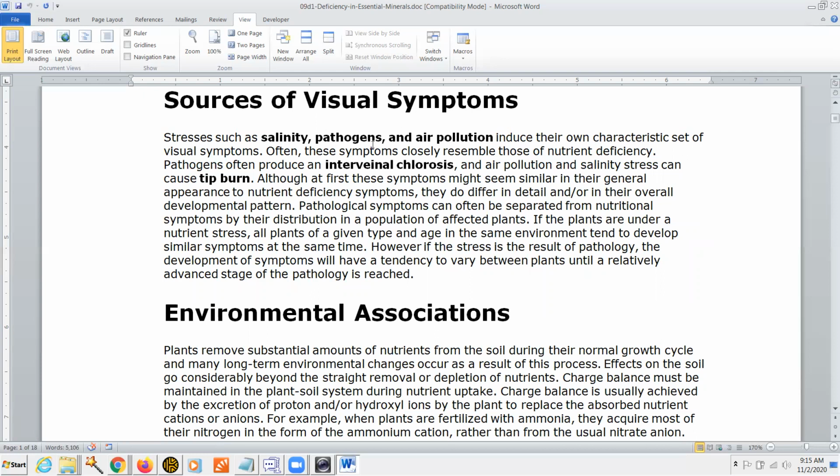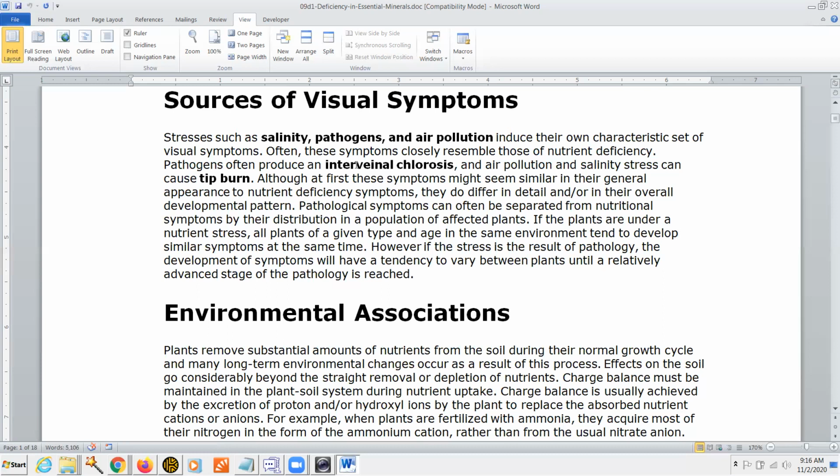But pathogens are things like viruses and bacteria, or even animals like the microscopic nematode worm, and air pollution. All of these things are conditions or situations that will cause stresses that will result in symptoms in plants' growth.